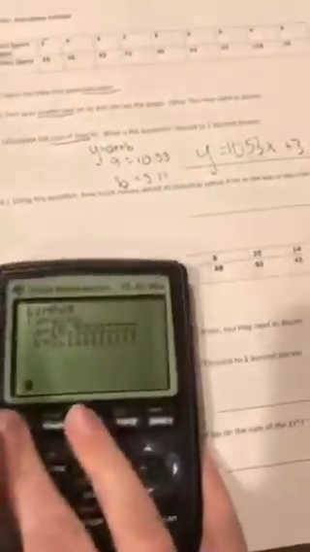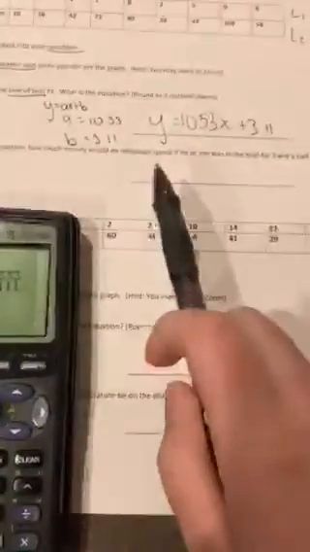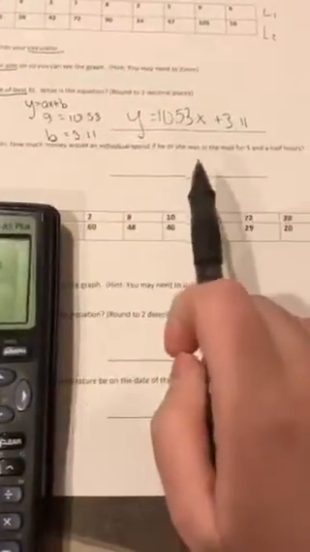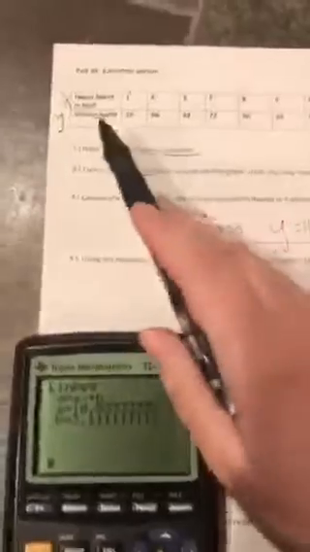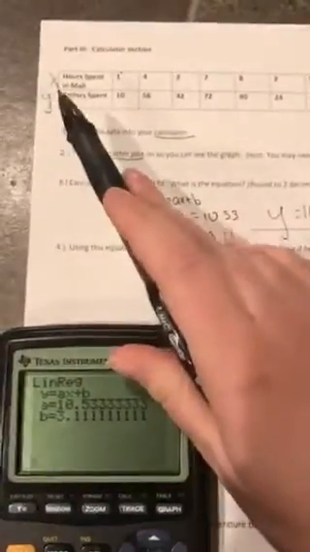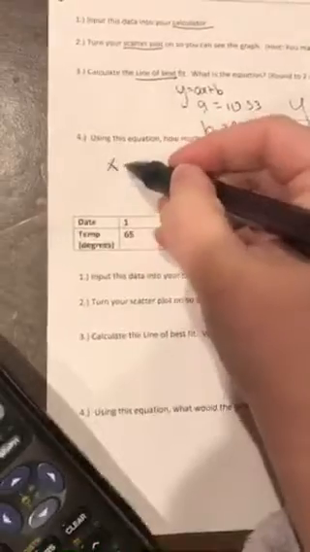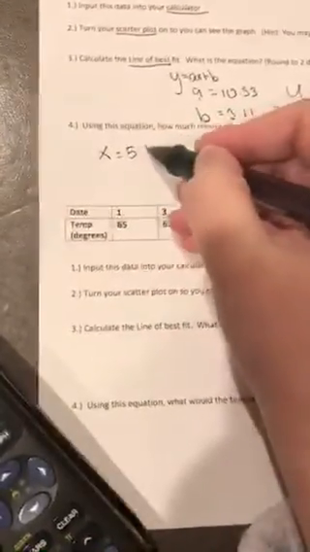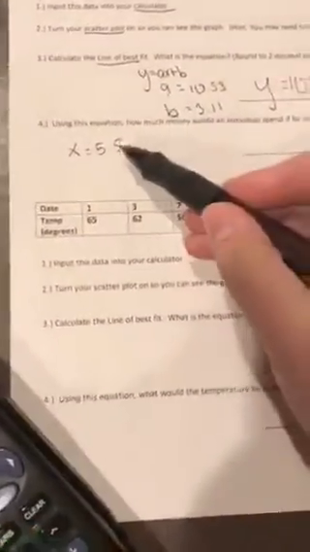So now the next part says, using this equation, how much money would an individual spend if he or she was in the mall for 5.5 hours? So they're telling us 5.5 hours. If you look back at your chart, hours spent in the mall was X. So they're giving us an X value here. So this is them saying that X is 5.5, and they want us to plug that value in for X in the equation that we used above.